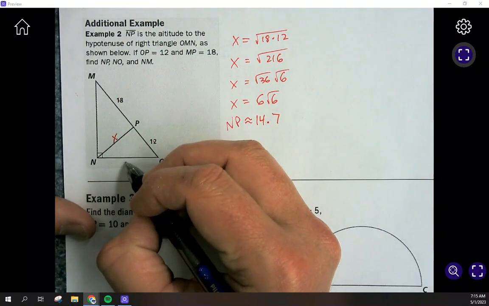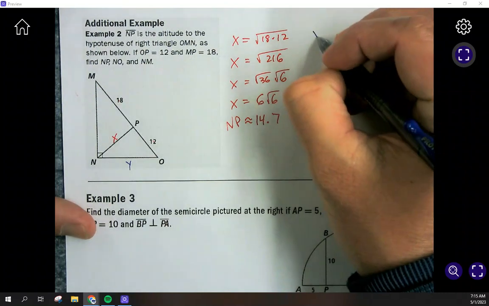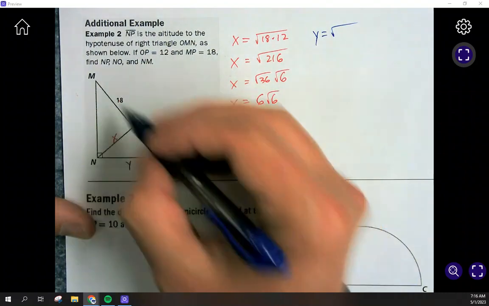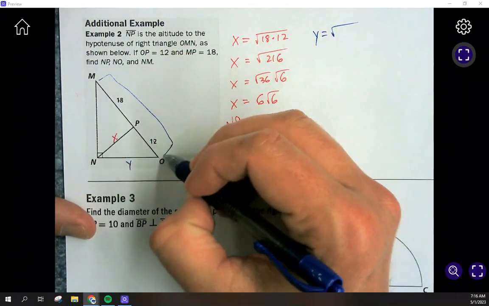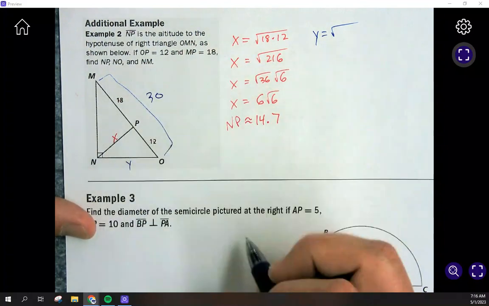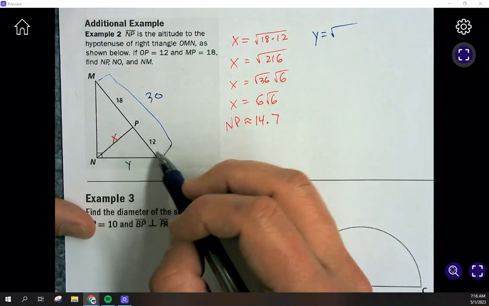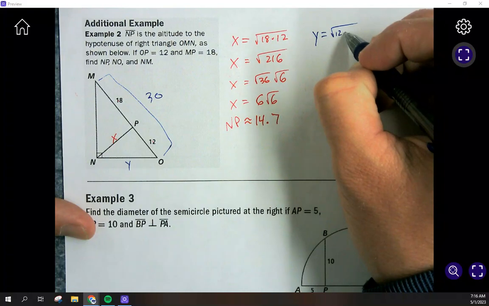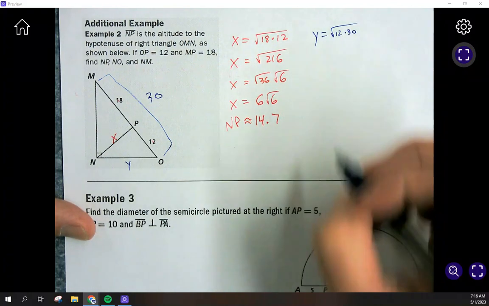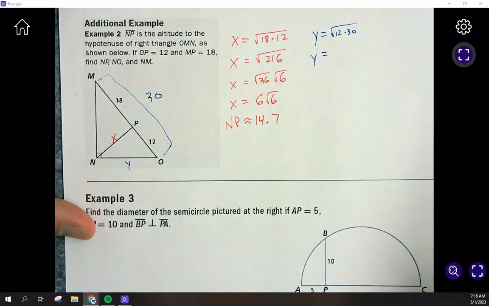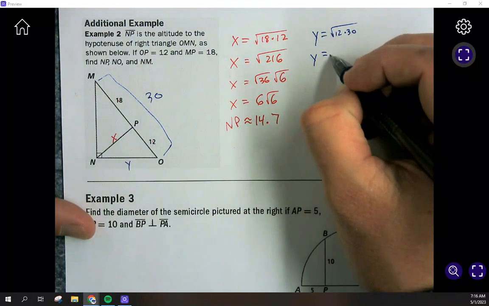For ON, I'm going to call that Y. Y is going to equal square root of the entire hypotenuse, which in this case, 18 plus 12 is 30, times the piece that's next to it. So it's going to be the 12 that's next to it times the whole hypotenuse, which is 30. I go ahead and multiply those together. 12 times 30 is 360.